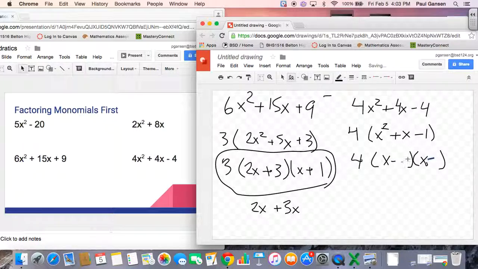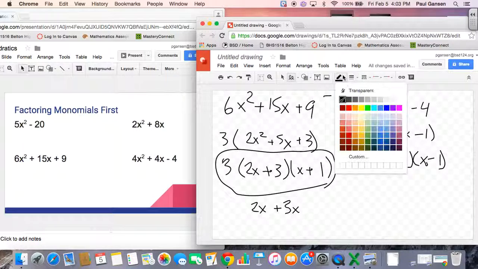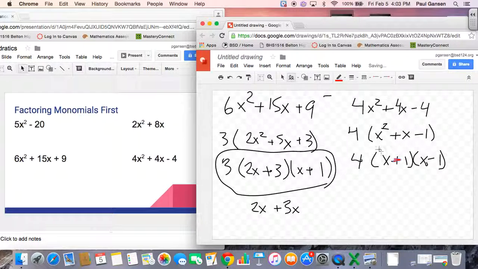And the only options are 1 and 1. But if we were to check this, we'd see that we wouldn't get a middle term of x. In fact, the middle term would go away. So in this situation, this does not work. At this point, it is as factored as it can be. By factoring that 4 out, it is done being factored.